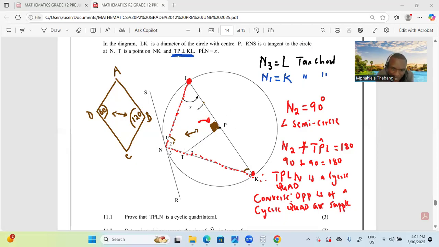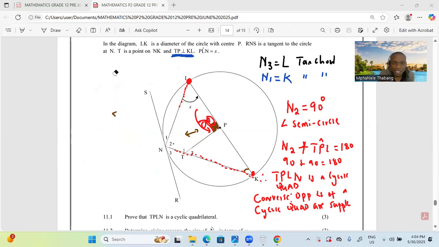So in this case, this angle P is 90. This angle N2 is 90. So it means this quadrilateral is a cyclic quad. So let me give you the advice. Immediately you finish proving that this TPLN is a cyclic quad, you automatically now look for the additional information which comes as a result of your proof, because you have proven that TPLN is a cyclic quad.